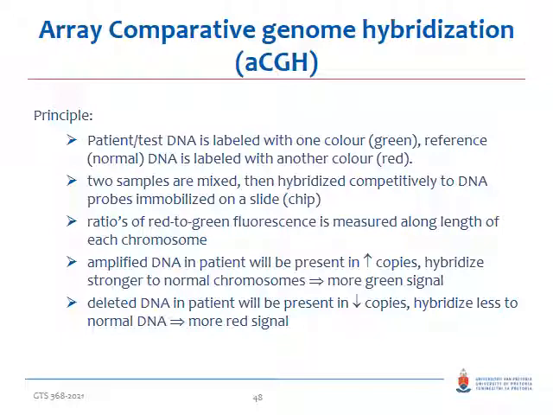The ratio of red to green fluorescence is then measured along the length of each chromosome. The amplified DNA in the patient will then show increased copies and hybridize stronger to normal chromosomes if it's increased, and you will get a more green signal. If there's a deleted DNA in the patient, there will be less copies and it will hybridize less to the normal DNA with a more red signal.